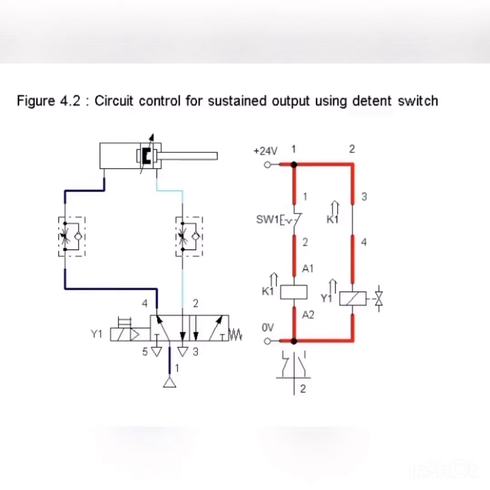When the electrical input supply is on, it helps in maintaining the condition and hence the output of the actuator is sustained. The comparison between the behavior using a push button and a detent switch for a sustained type valve is that both act as a switch as it keeps the selected position unchanged unless the switch is activated.